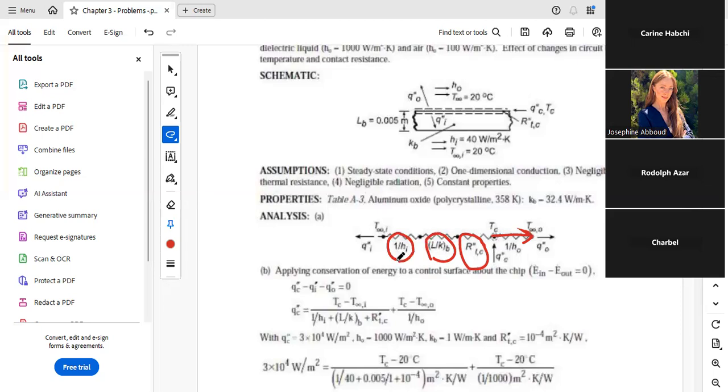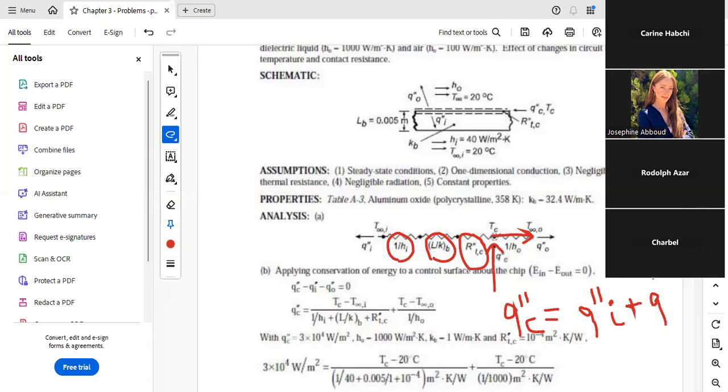And then here, the equation that I will write is what? You have a flux that will be divided into two parts. So your equation is Q second generated is equal to Q second in plus Q second out.